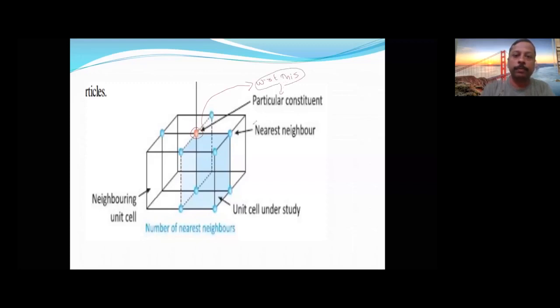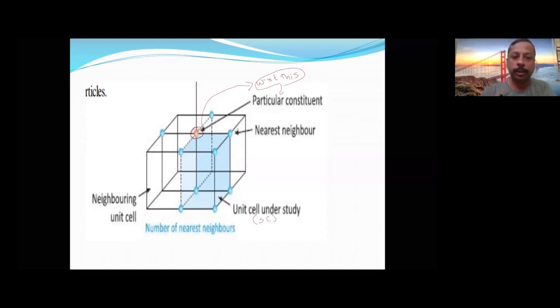Now don't worry about the type of unit cell. The unit cell under study is simple cubic; for easiness, I am taking the simple cubic unit cell. In the simple cubic unit cell, our target is to find out the neighbors of this particular point.